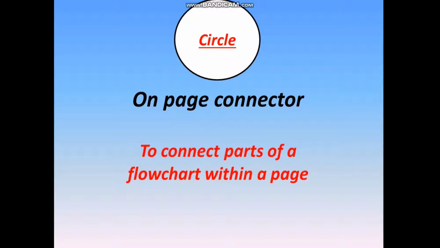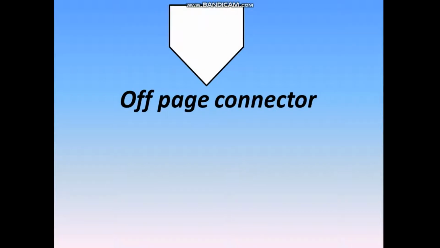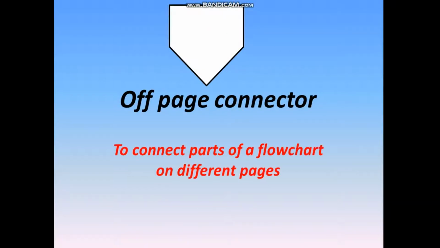Afterwards, we have seen the circle. It is a connector used to connect one flowchart to another on the same page. Afterwards, we have seen the off-page connector. It is used to connect flowcharts present on different pages.